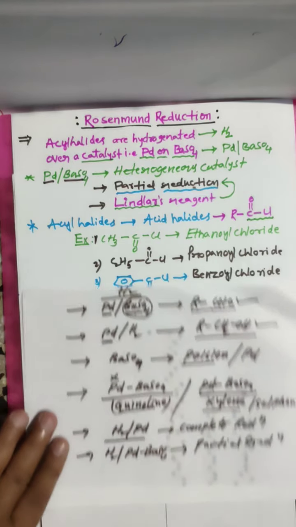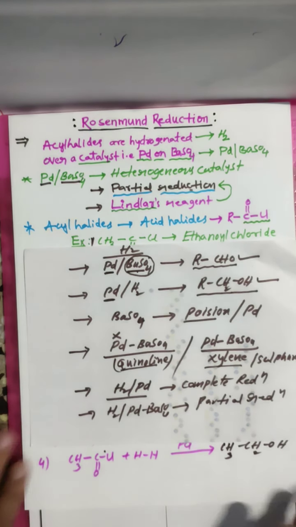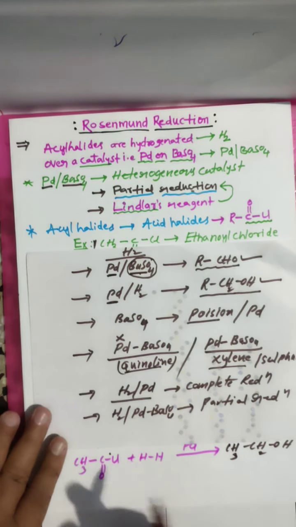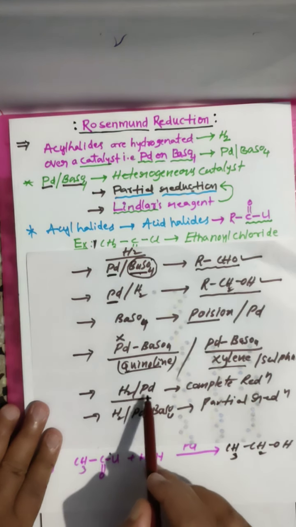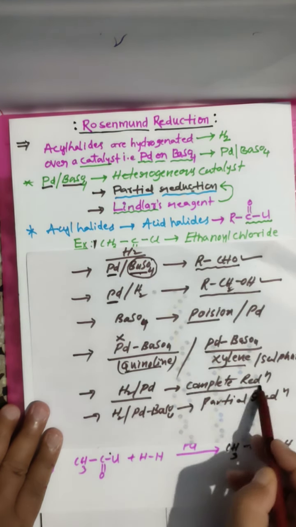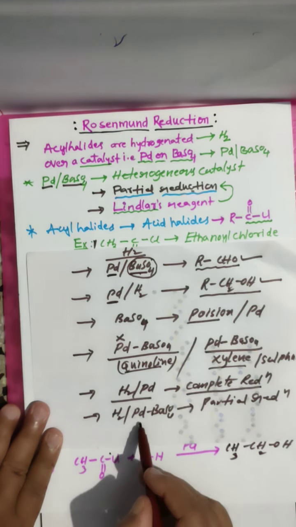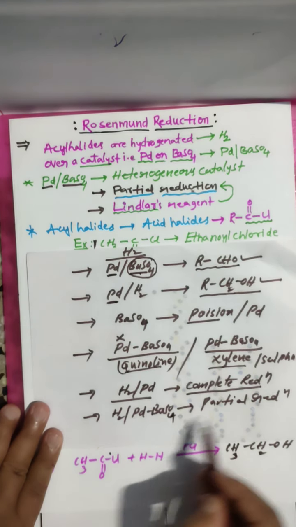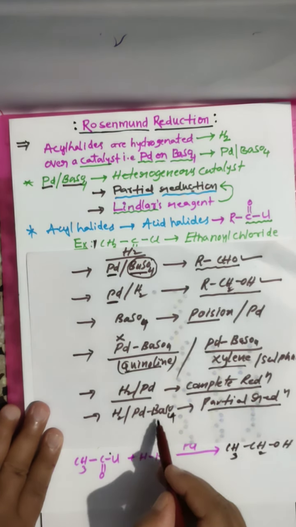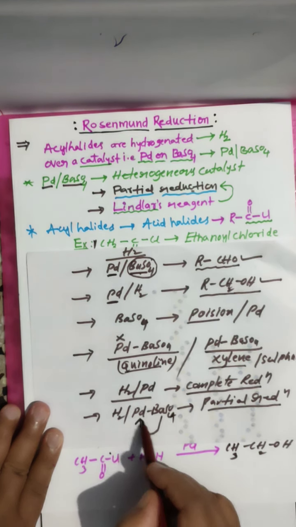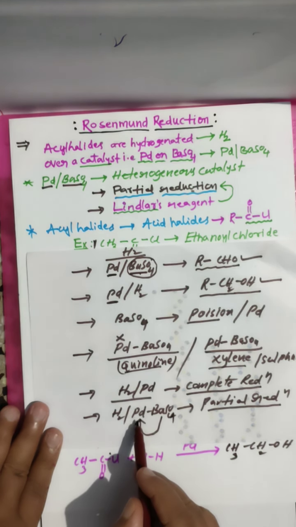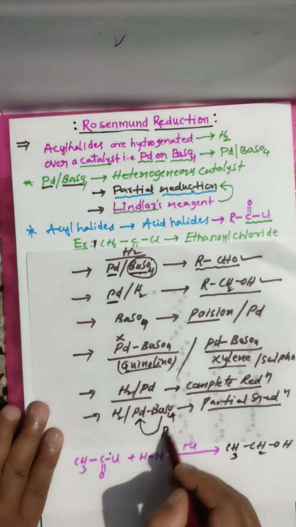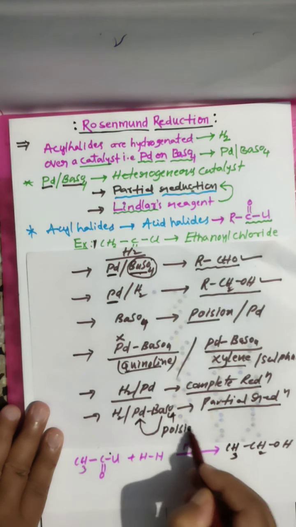In organic chemistry, the reagent plays a key role. Hydrogen palladium, complete reduction. Hydrogen in the presence of palladium on barium sulfate, that is partial reduction. This barium sulfate reduces the catalytic reactivity and acts as a poison.